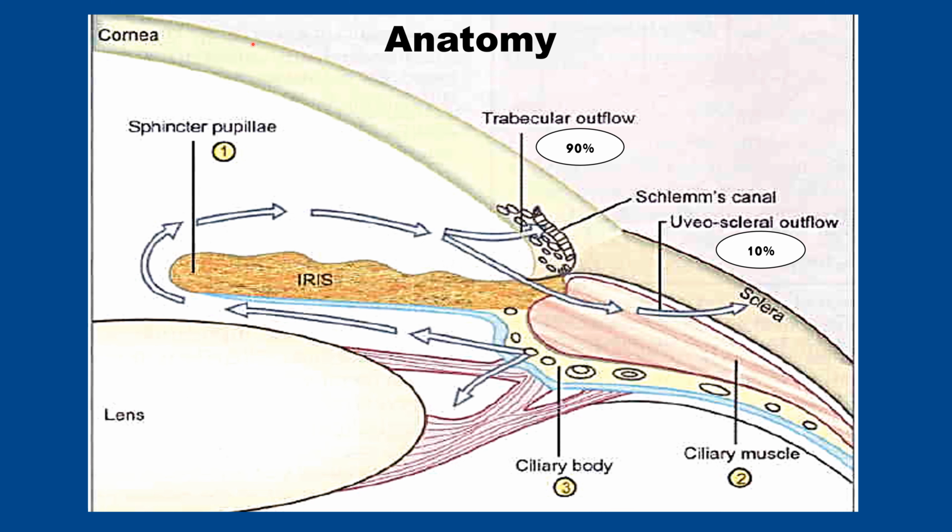Behind the cornea there is the iris, and behind the iris there is the lens. The lens is connected with the ciliary muscles, and through the ciliary muscles the lens is connected with suspensory ligaments.